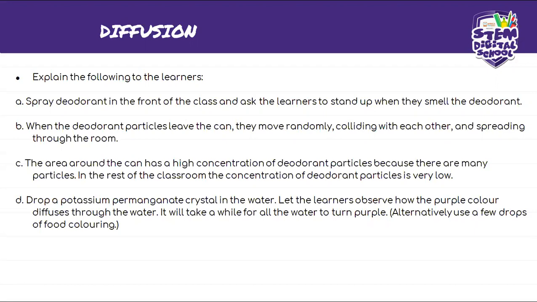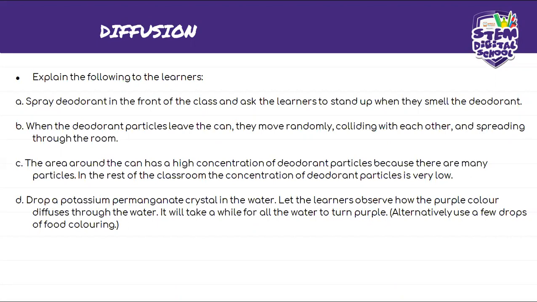Drop a potassium permanganate crystal in water. Let the learners observe how the purple color diffuses through the water. It will take a while for all the water to turn purple. Alternatively, use a few drops of food coloring.